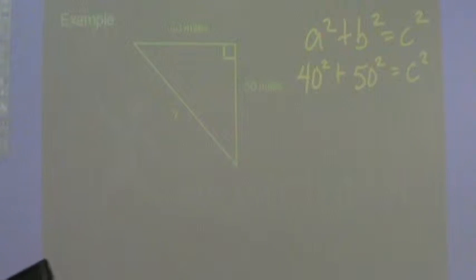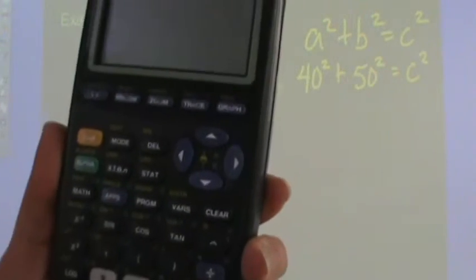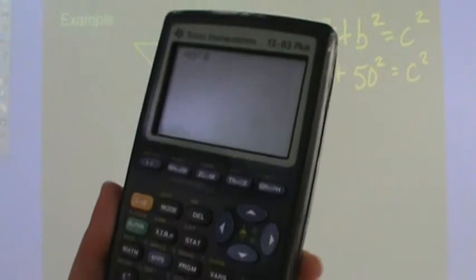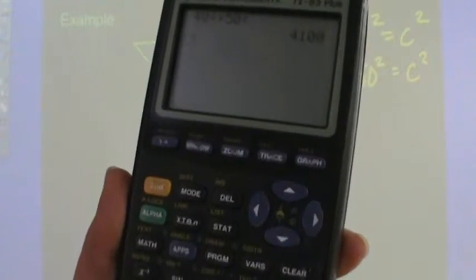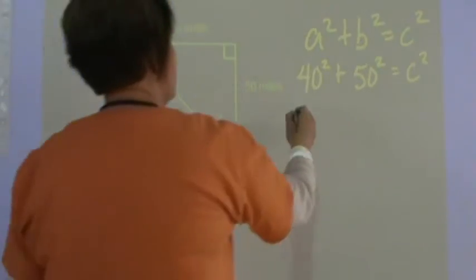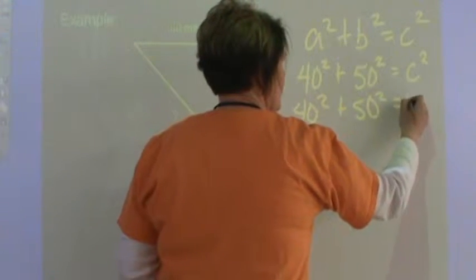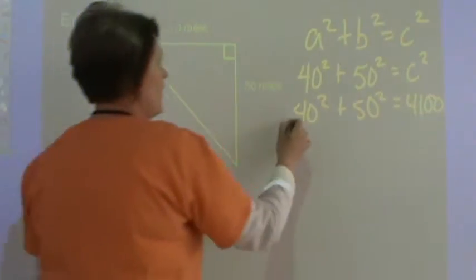So you want to do 40 squared plus 50 squared, and that gets us 4,100. Let me write that a different way.